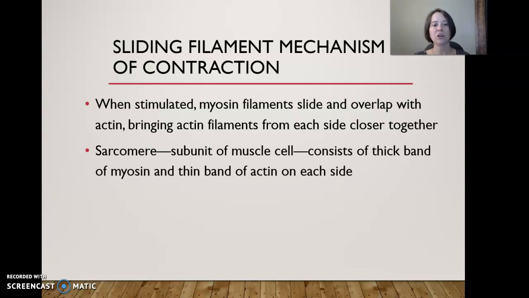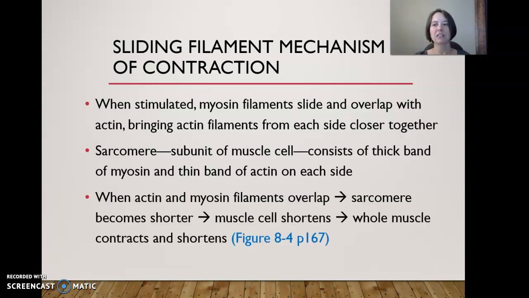So another term you should know is sarcomere, which is the subunit of a muscle cell, and that consists of a thick band of myosin. So myosin is a thicker protein, and a thin band of actin on each side. So they're kind of lined up, and you've got myosin here, actin over there, and then, like I said, there's a bunch of them lined up, and that is a sarcomere.